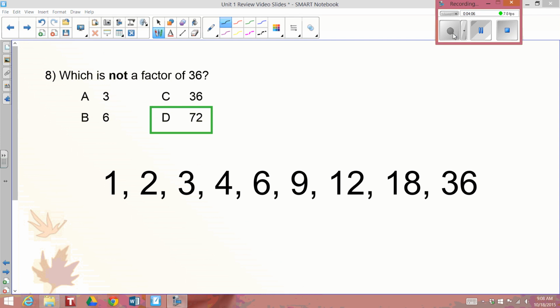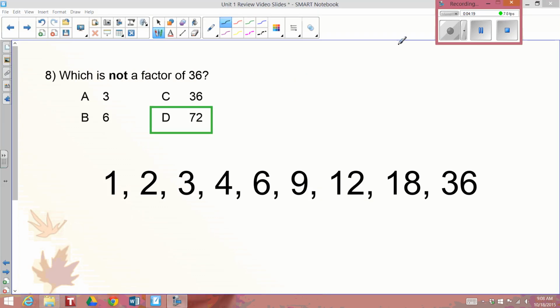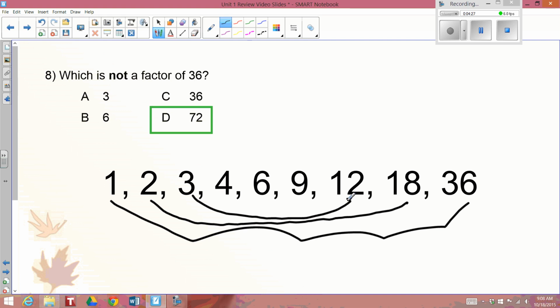Remember to read your questions carefully. This question is asking which is not a factor of 36, not what are the factors of 36. So I do my factor tree, and I pair up 1 and 36, 2 and 18, 3 times 12, 4 times 9, and then 6 times 6.